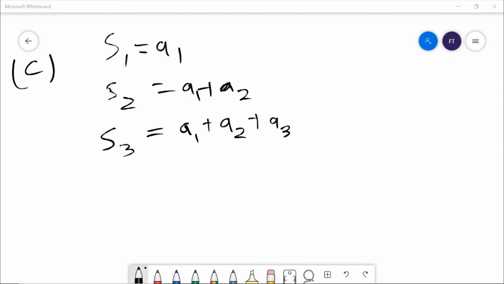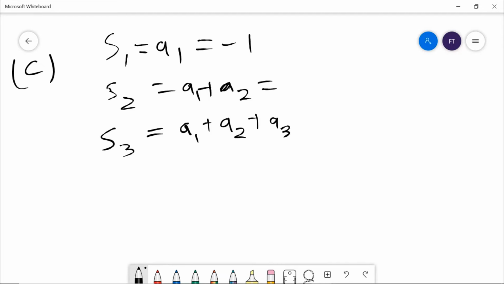So for part C, we need to find a formula for the sequence of partial sums S of n. So in this case, once again, it's going to be helpful to look at the pattern that we see. S1, or this is just a1, we know this is equal to -1.